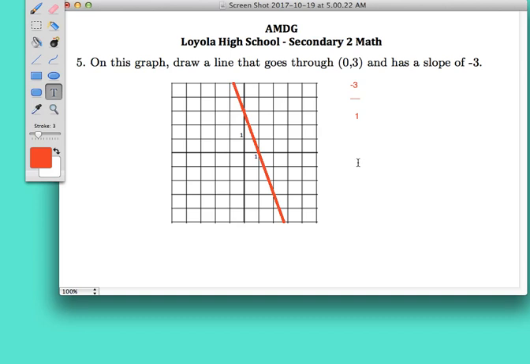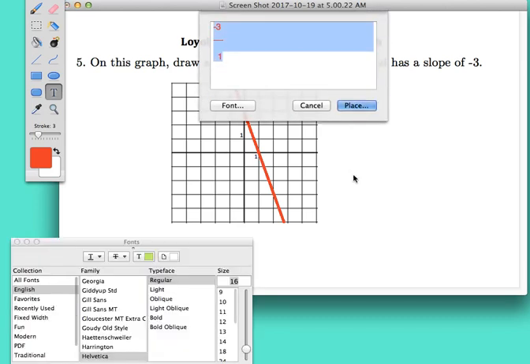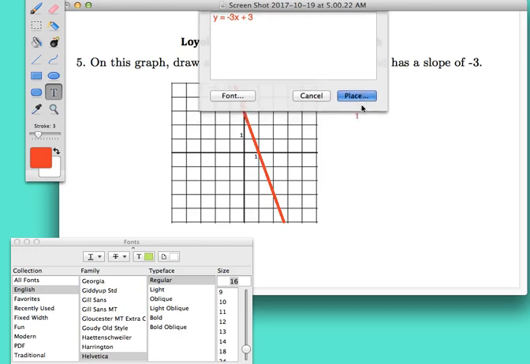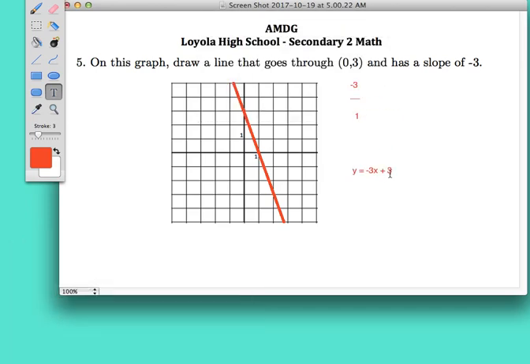And what it means is that if I wanted to write the equation for this line, we already know from previous questions that it's y equals the slope, which here is -3, times x plus something. Now that plus something in this case is going to be 3. And the reason why it's going to be 3 is because that's where this crosses the y-axis.